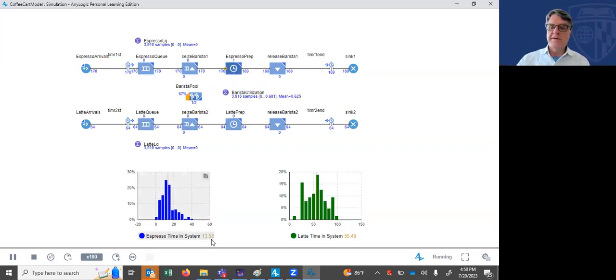They show up, they get it, they're out. Whereas the latte customer is sticking around for about a minute. Now I'm going to increase this so that we can get all the way through. You want to do fairly deep runs on this. I think I'm allowing up to 30,000 espresso arrivals and 10,000 latte arrivals, and I will stop it somewhere out there.